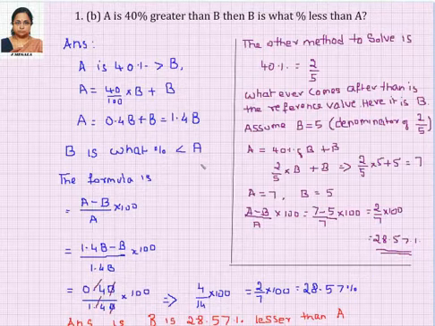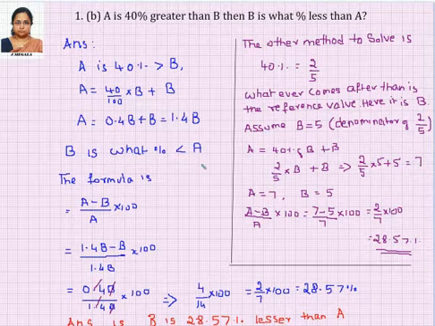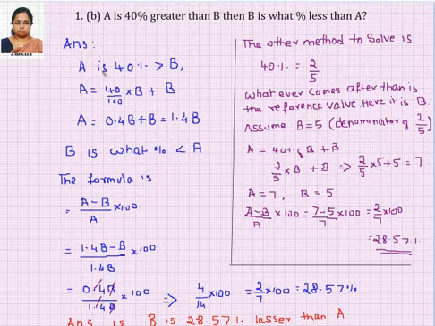Next problem. A is 40% greater than B, and B is what percentage lesser than A. There are 2 sentences given here.